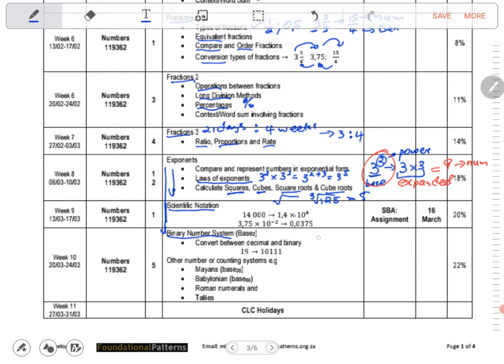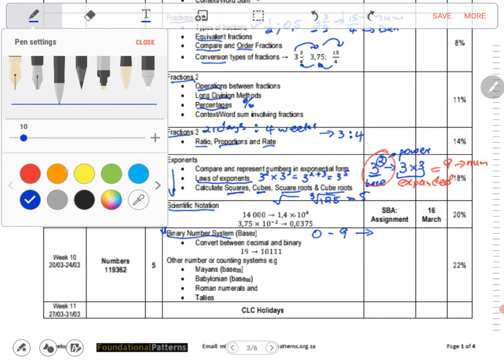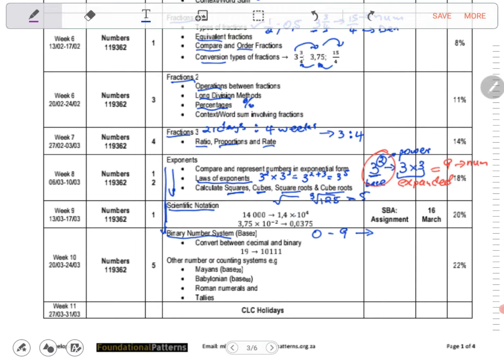The decimal number system is the numbers from 0 to 9, and these can give us any other number that we want. As long as we have 0, 1, 2, 3, 4, 5, 6, 7, 8, 9, we can build any other number. But in the binary number system, we only have two numbers. Let me use a different color for this one. We can have 0 and we can have 1.